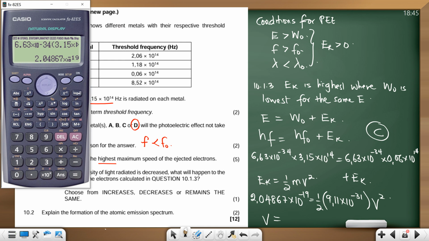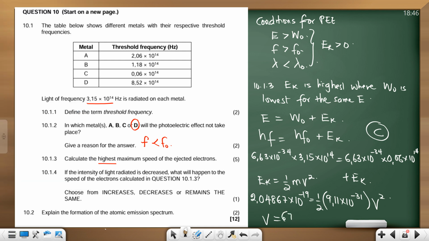All right, I'm going to say answer multiplied by 2 and divided by what? 9,11 times 10 to the power negative what? 31. And I have to look for the square root of that answer. 670 643,64 meters per second.